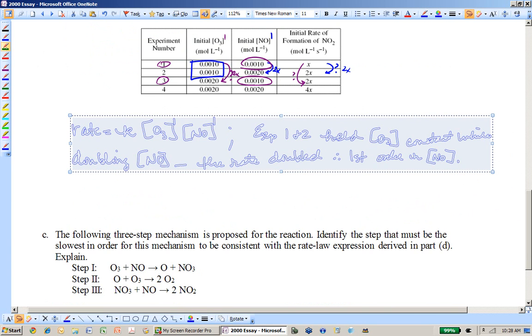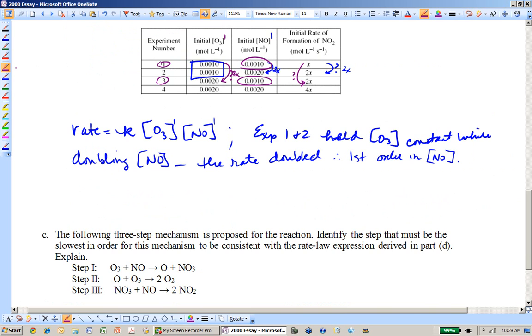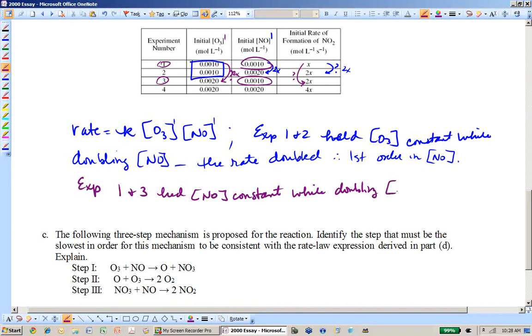Love this machine. All right, I'm going to continue with purple now. Okay, so everything I did up on that table in blue, now this sentence matches. And so experiments, what did I use? 1 and 3. 1 and 3 held concentration of NO constant while doubling concentration of O3, the rate doubled.